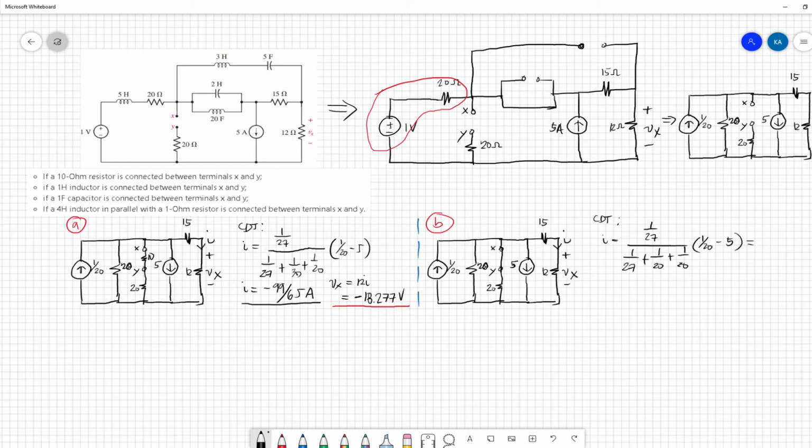So we have negative 24 over 24 amperes. Now solving for Vx equivalent to 12I, our Vx is equivalent to negative 16.054 volts.